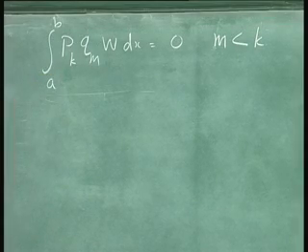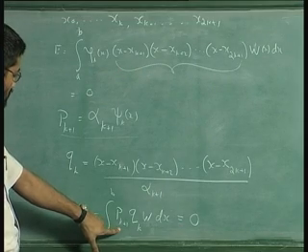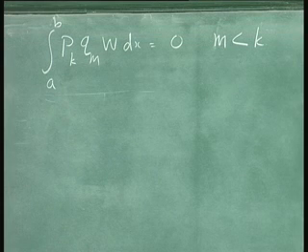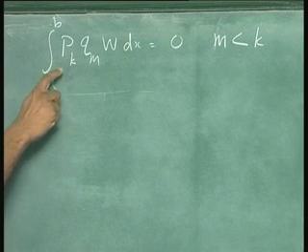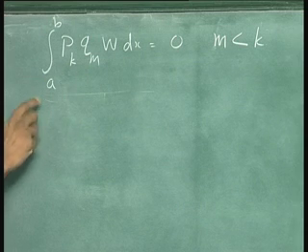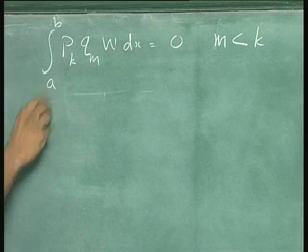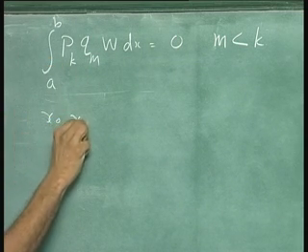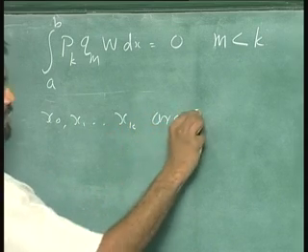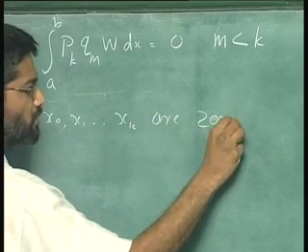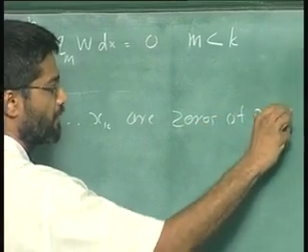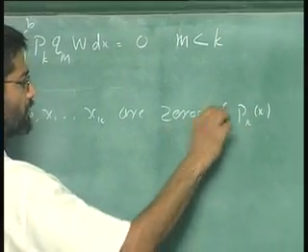We construct pk by tabulating the points, and we construct it in such a way that the points which you choose, that is x0, x1 up to xk, are zeros of pk of x.